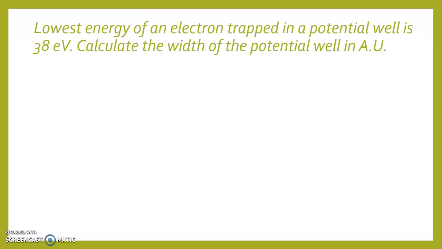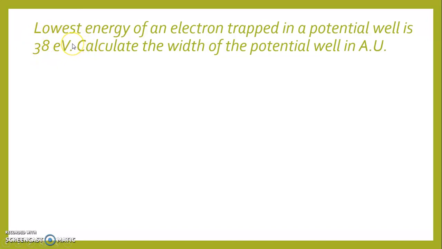I am repeating this numerical again. The lowest energy of an electron trapped in a potential well is 38 electron volt. Calculate the width of the potential well. So here the lowest energy is given, which is 38 electron volt.